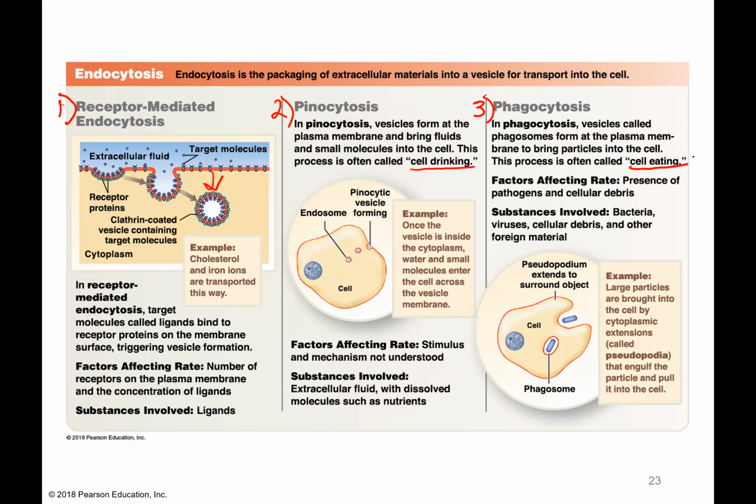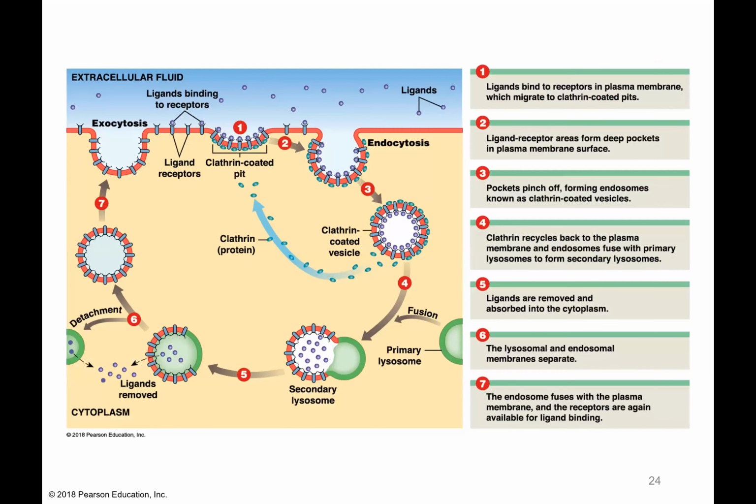So things that will affect the rate of phagocytosis is how many pathogens or cellular debris are on the outside of the cell that need to be taken in. Substances that are involved include bacteria, viruses, cellular debris, dead, worn out cells that need to be recycled. Okay.